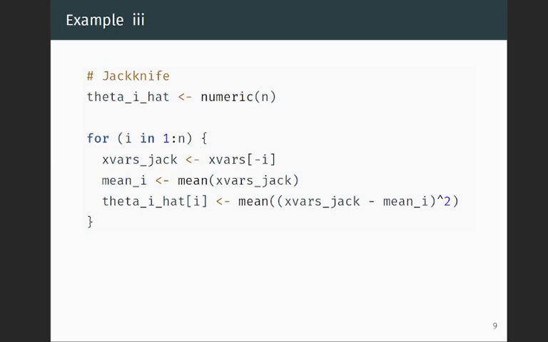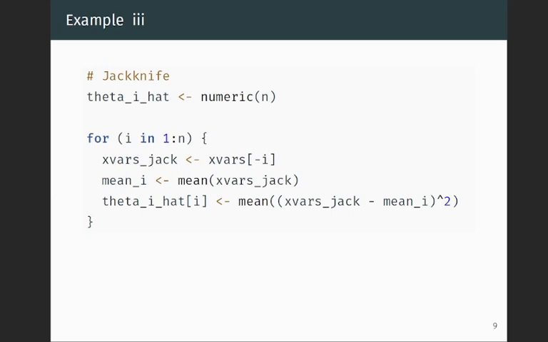Then we're computing the sample mean of this new sample of n minus 1 observations. So mean I is the sample mean of the sample. And then theta I hat, by removing the ith observation, we get by using the same formula as above.